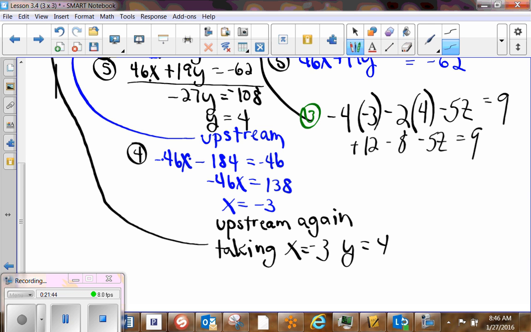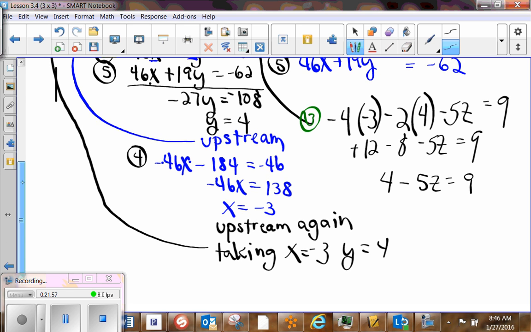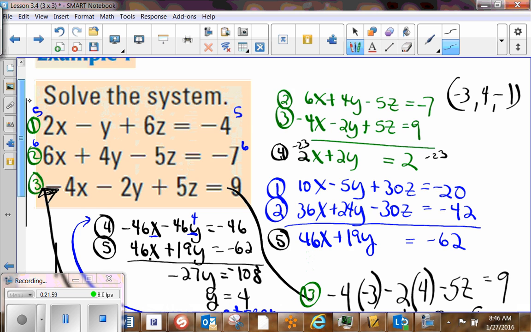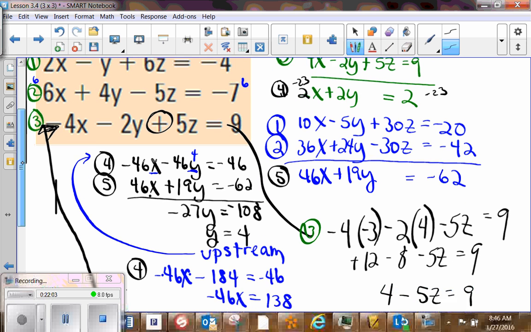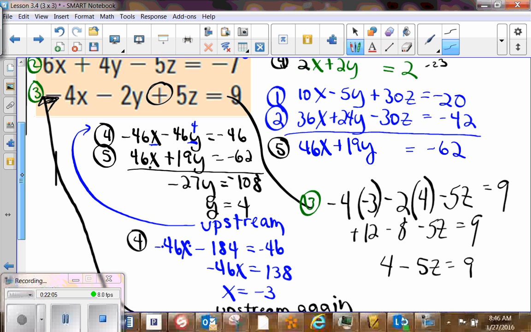This is a positive 12 minus 8, right? Yeah. Which is 4 minus 5z. Oh, I wrote the equation down wrong. See how easy that is? Just one little thing, and I've done all the work.